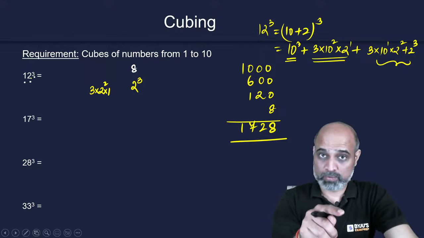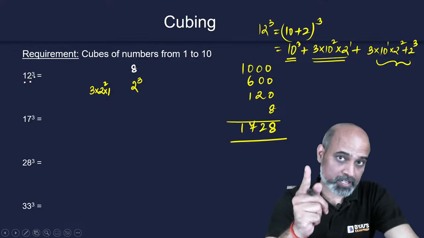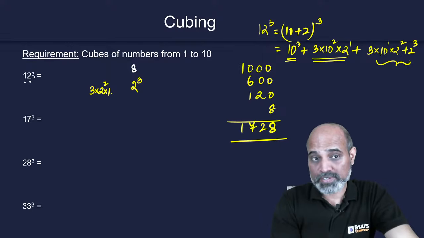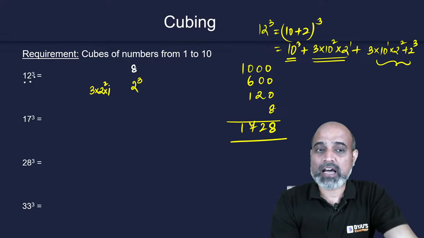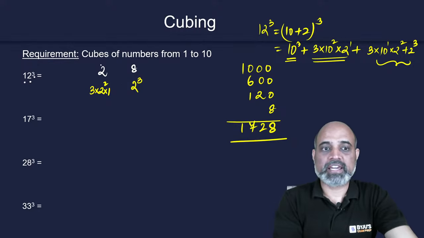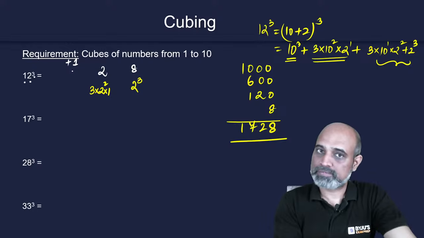Not 2 into 2. We don't double it, we are squaring it. Okay, keep this in mind. So this is going to result in 12, right? But from 12 we can keep only one digit. So of 12 we will keep only 2 and there will be a carry of 1.